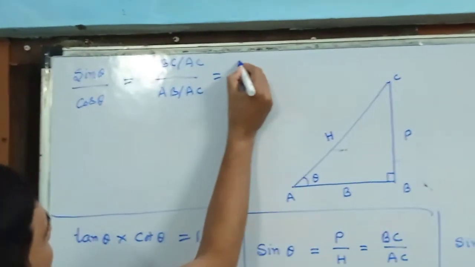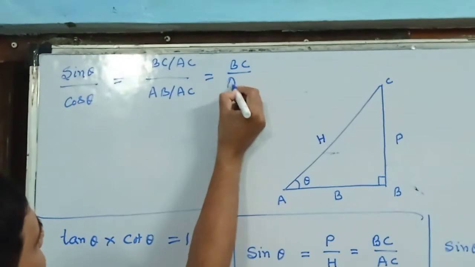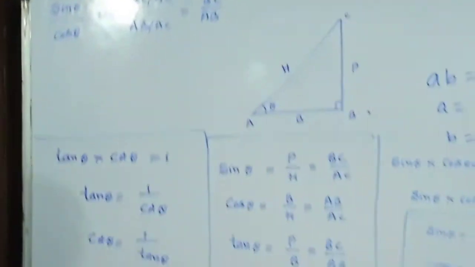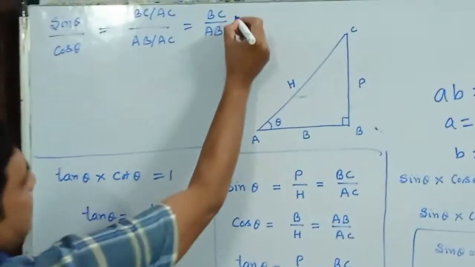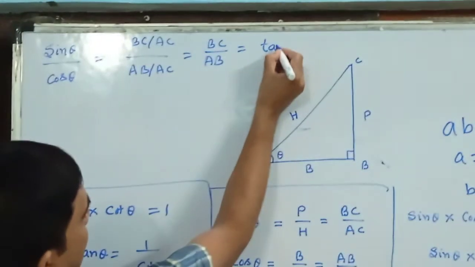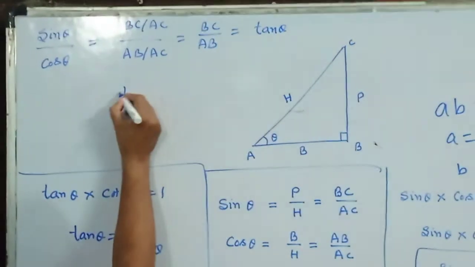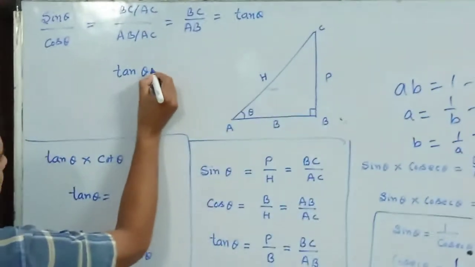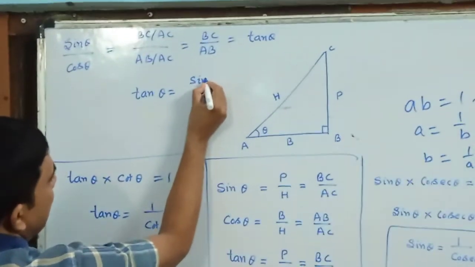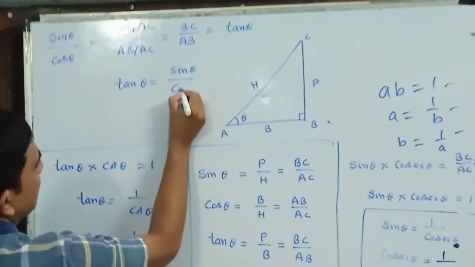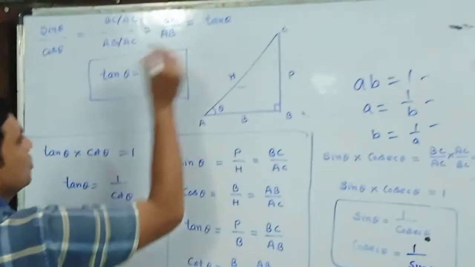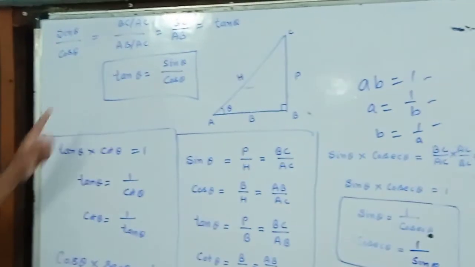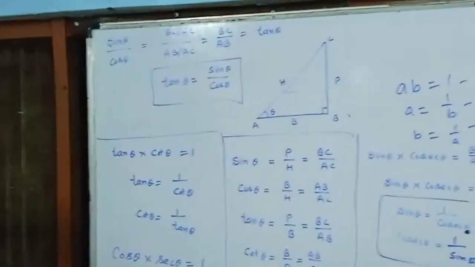Then it is equal to BC by AB, as AC cancels. And BC by AB, from the figure, is equal to tan theta. A very important relation: tan theta is equal to sin theta upon cos theta. This relation is used most extensively in solving questions.